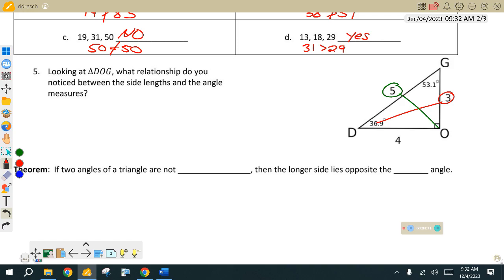So the size of the angle corresponds to the size of its opposite side. That's what I want you to take away from this. If two angles of a triangle are not congruent, then the longer side lies opposite the largest angle. That's what we want to keep in mind.